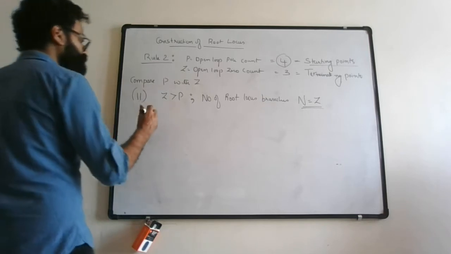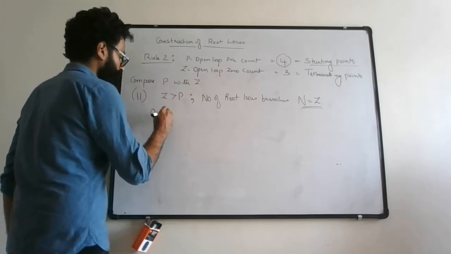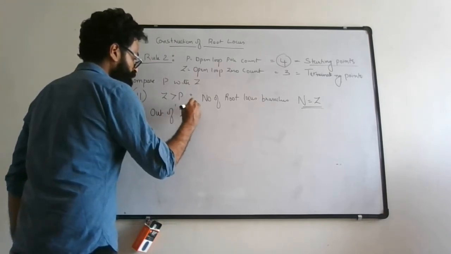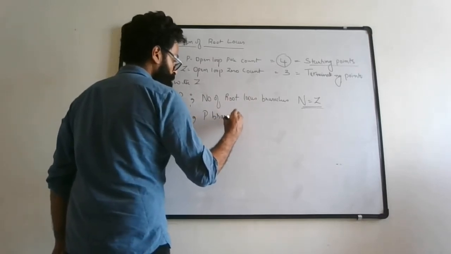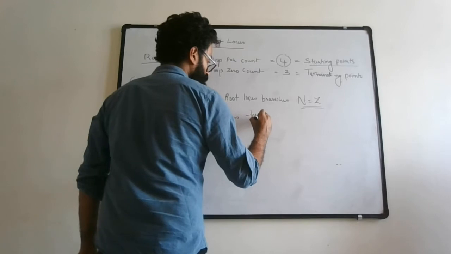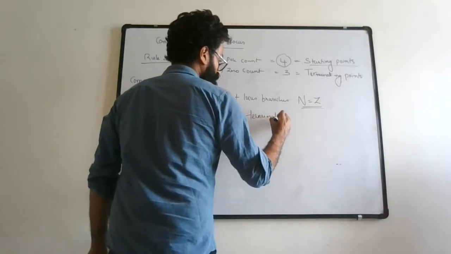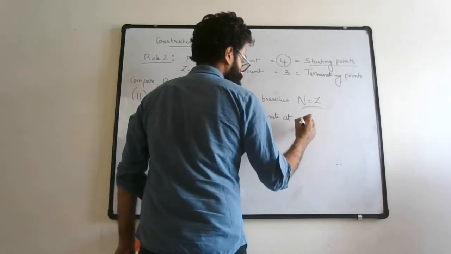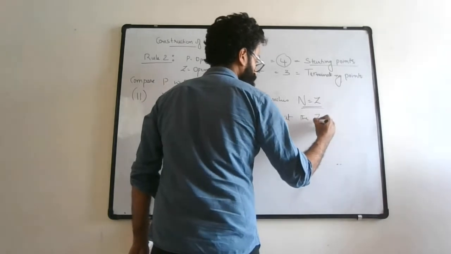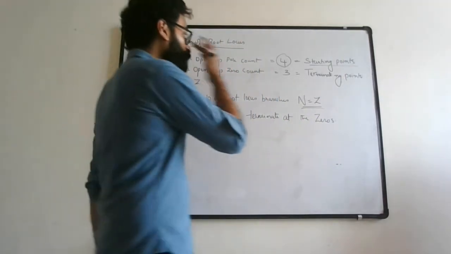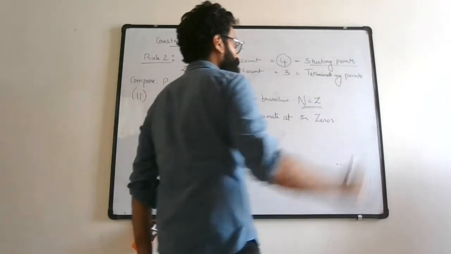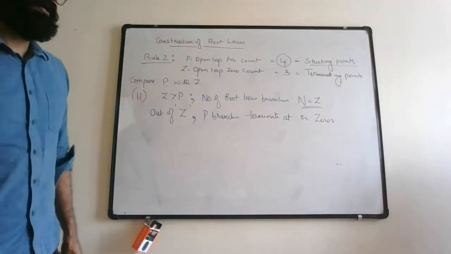All right. Now, out of z number of branches, okay, p branches terminate at the zeros. Okay, that is because poles are the starting points and zeros are the terminating points.